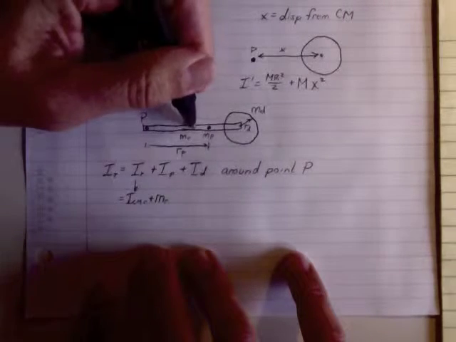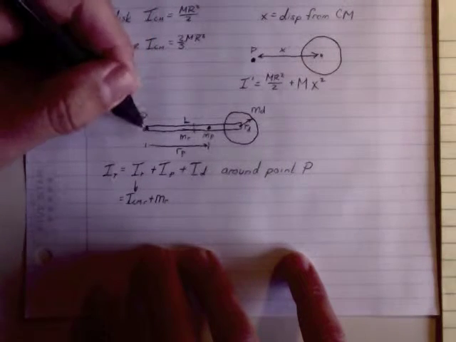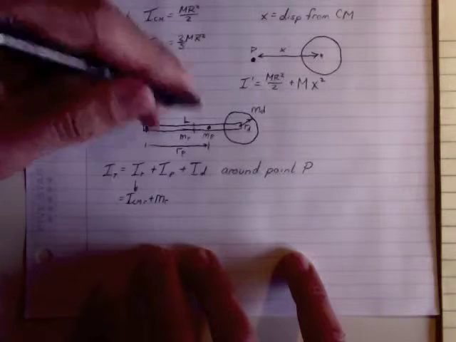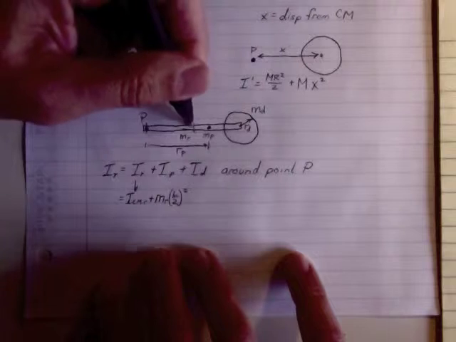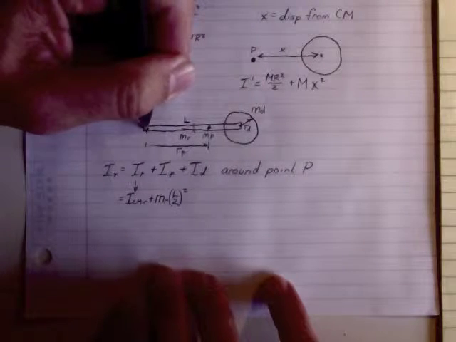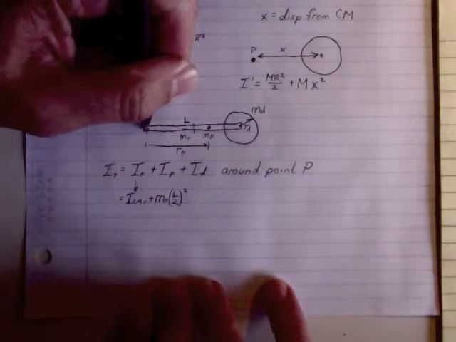Okay, x, the center of mass, is right here. So the distance we move that center of mass is L over 2 squared. In other words, from the center of mass of the rod to point P is L over 2.